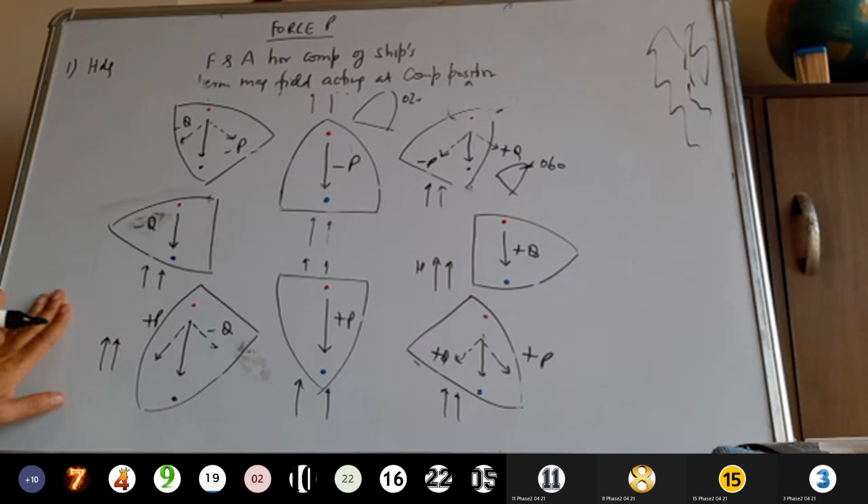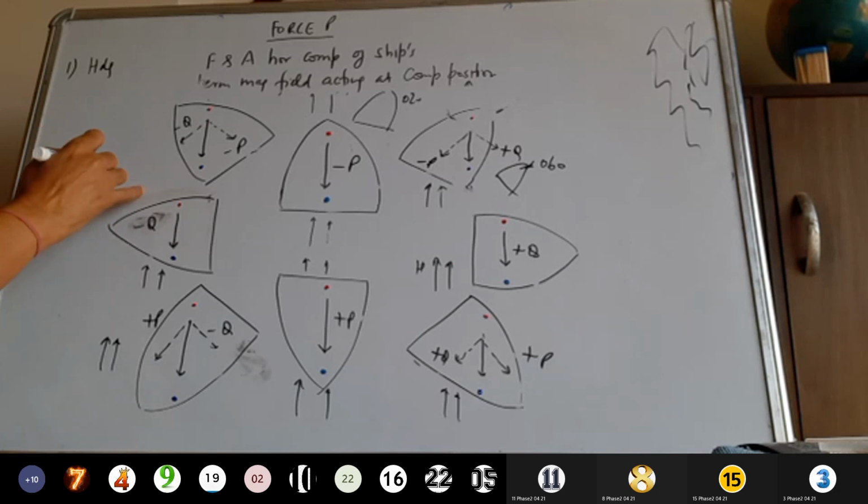So if I take a heading of, let us say, 210, and another one if I take the heading of 240, which one will have more Q? Please repeat.